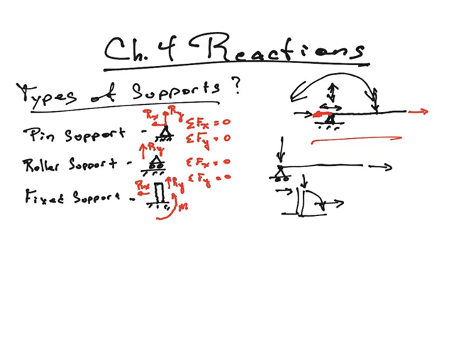So there's a moment reaction. So those are the 3 types of reactions we're going to have to worry about: a pin, a roller, or a fixed support. Almost all the questions we do are going to be pins and rollers. Every once in a while you may see a fixed support problem, but for the most part we're going to deal with pins and rollers.